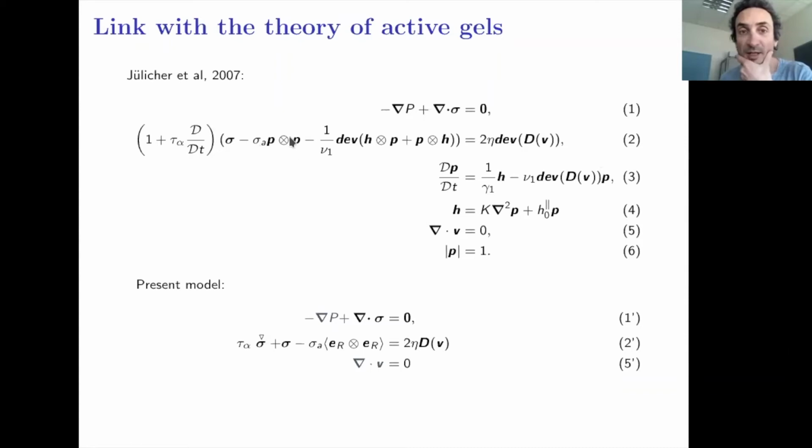They have an active term, which is here, which is similar to mine, except for some little details linked with their P field, which is slightly different from an R field. But globally, once they do their usual simplifications, this yields models which are quite similar, except mostly for the choice of the objective derivative here.